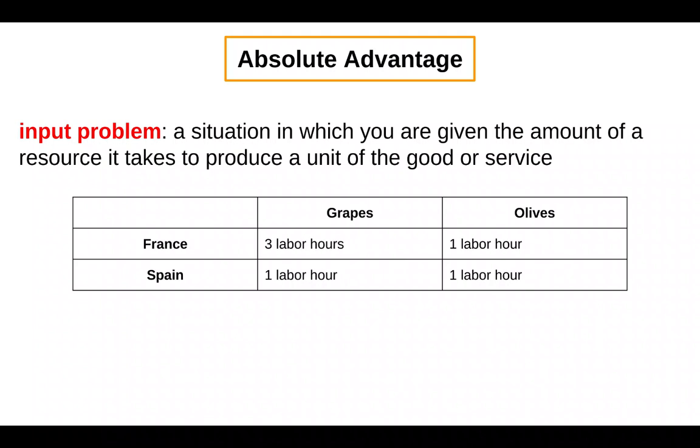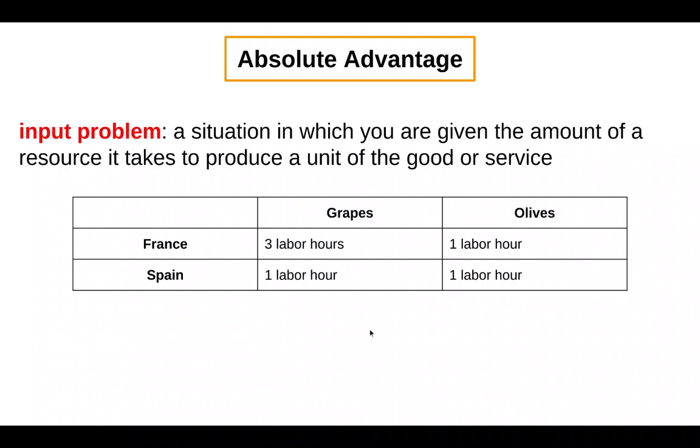So an input problem is a situation in which you are given the amount of a resource it takes to produce a unit of the good or service. Remember, way back in topic 1.1, not so long ago, we talked about how input is another term for resource or factor of production.